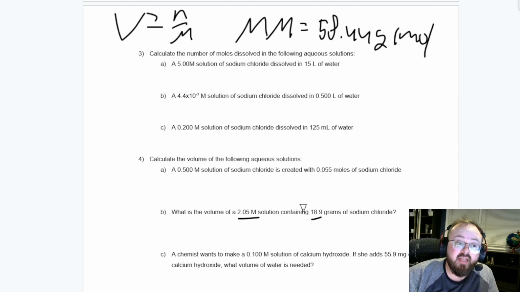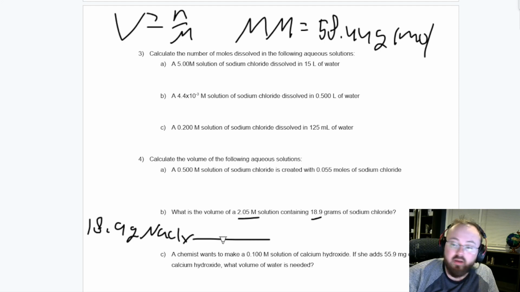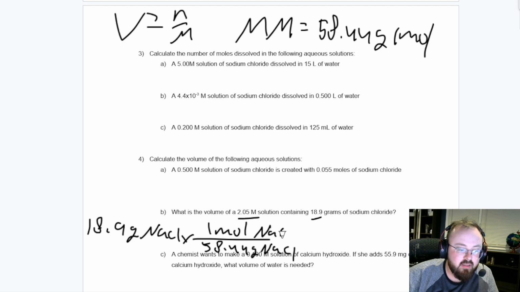We have to convert that into moles to fit our formula. Okay? So 18.9 grams of NaCl. I'm speeding through a lot of this. I'm going to put grams here on the bottom. 58.44 grams of NaCl, 1 mole of NaCl.